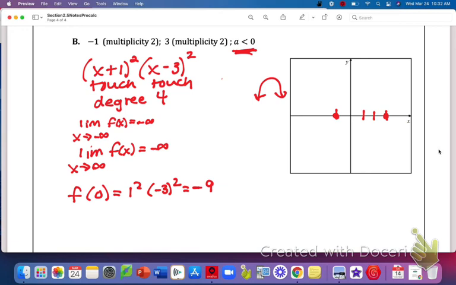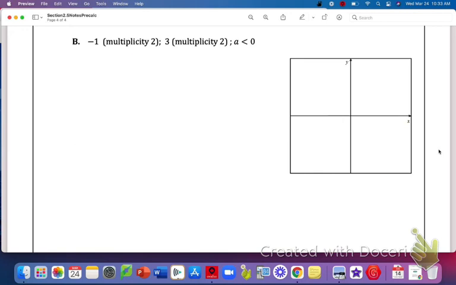We got 0, negative 9, I'm going to put down here. All right, so my end behavior is going to go down this way and down this way. So now we've got to figure out what's happening in between. I got my y-intercept here, and then maybe it's doing something like that. Sure, looks good. All right, and that should conclude your notes.